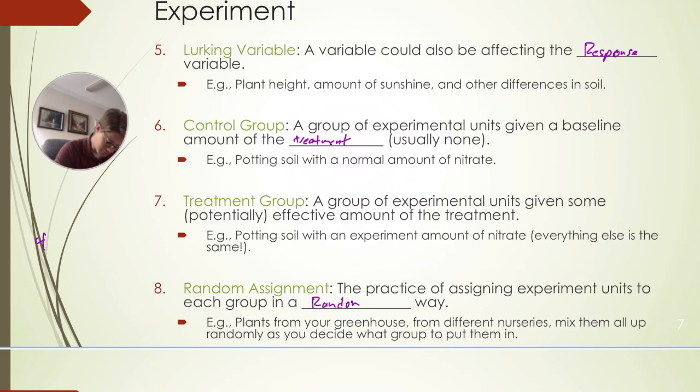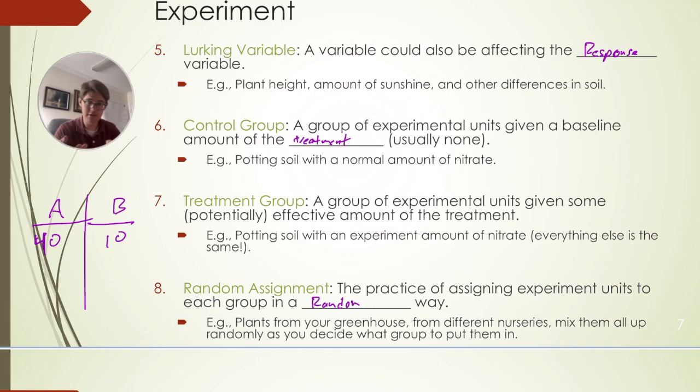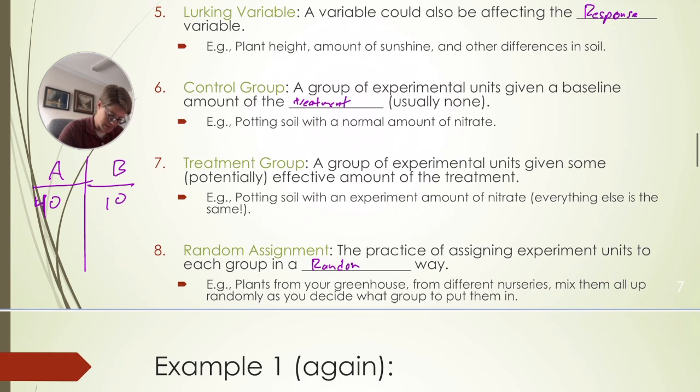Maybe you had 40 from nursery A and 10 from nursery B. You don't want to make the ones from nursery B your control group and the ones from nursery A your treatment group, because there may be a lurking variable between the two nurseries that's going to affect the growth of your tomato plant. And so what you would want to do is randomly assign them.